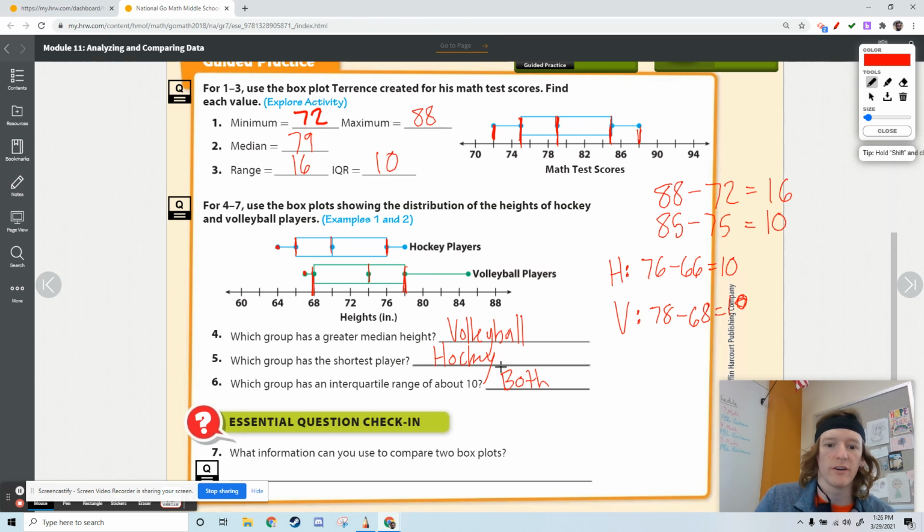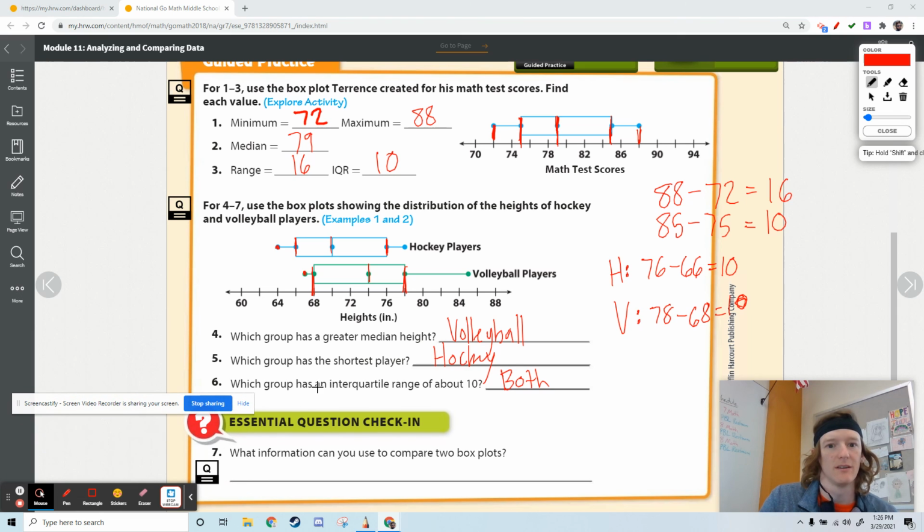For number 7, what information can you use to compare two box plots? Well, we can use the center. I'm not doing them in the same order as we had earlier. The spread and the shape. That is the information we can use to compare them. We can look and see, do we have a lot of people in between these numbers?